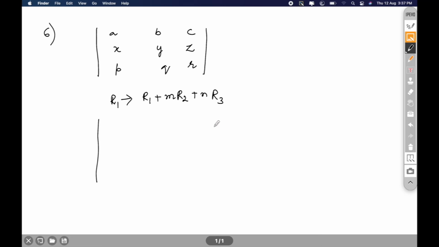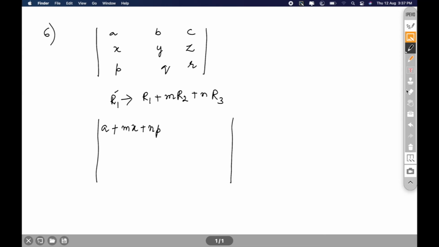So what happens now? Row 1 changes. You can write here R1 dash to indicate a new row. So row 1 elements means the first element A will be simplified with either X or P or both. It will not be simplified with Y, Z or Q, R, right? So row 1 plus m times of row 2 plus n times of row 3.